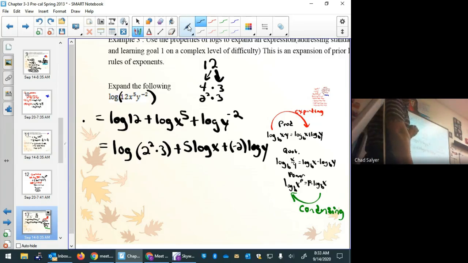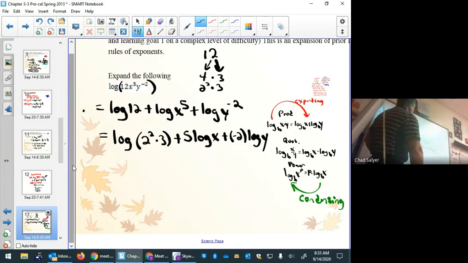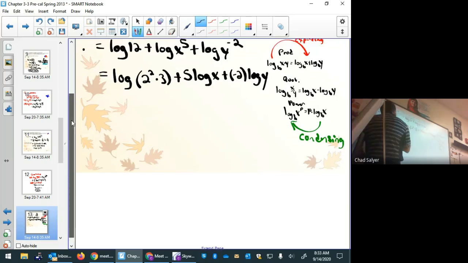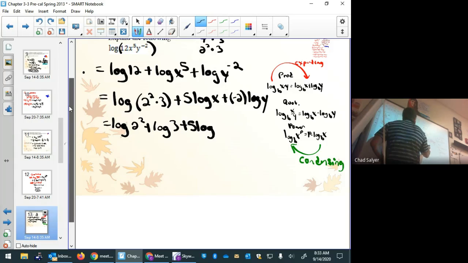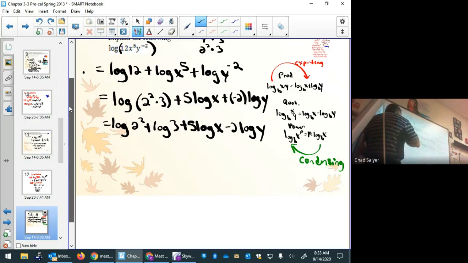On this first term, I rewrote the argument in terms of prime numbers. And I'm going to need to apply the product property again. These aren't done until it's fully expanded, until only prime numbers exist in the argument. So this log of 12 would not have met that criteria.